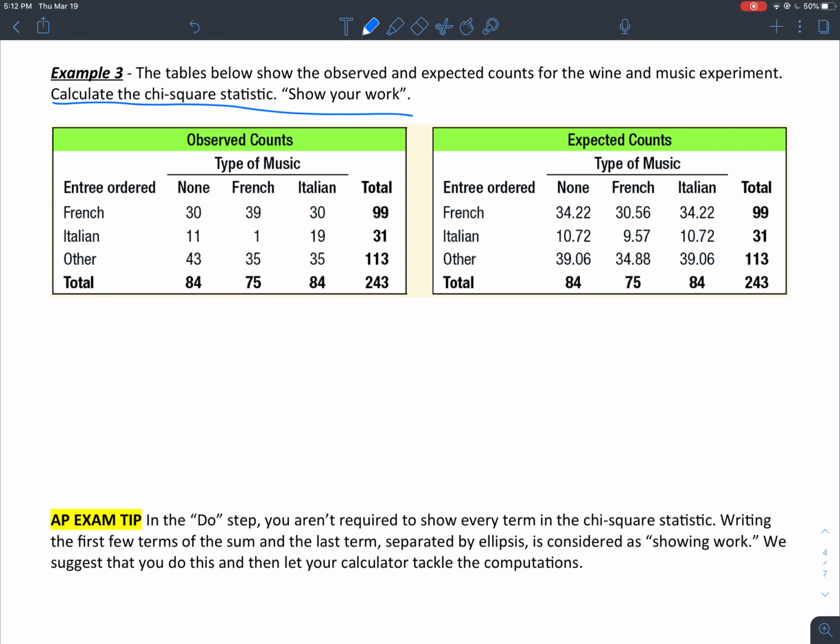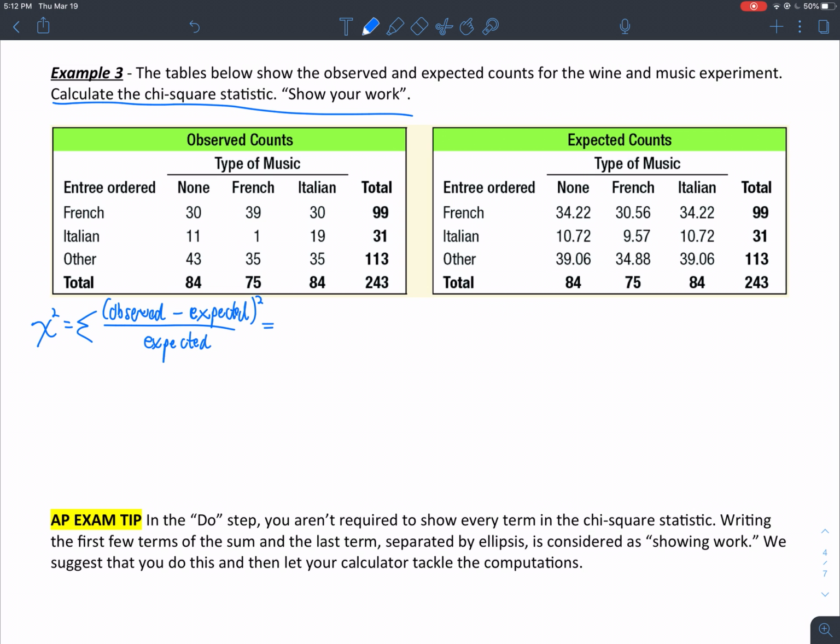Again, this is on the formula sheet. Chi-squared equals the sum of observed minus expected squared over expected. Then we just fill stuff in.